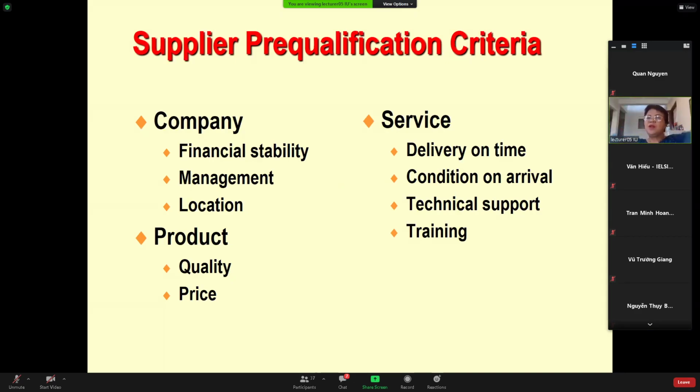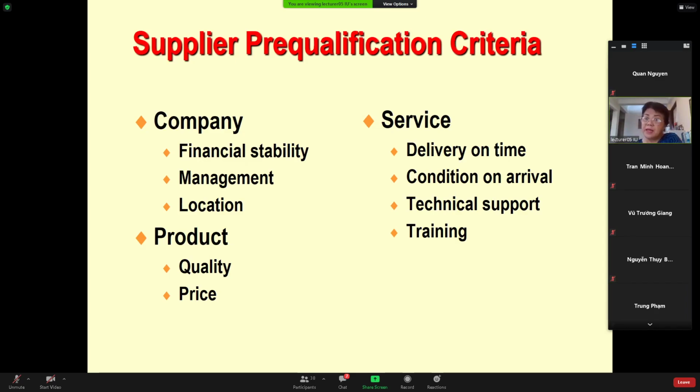The supplier pre-qualification criteria that we are going around and around. What is the qualification of a supplier? In order to do it, you have to do the screening. And I repeat it again, some of the pre-qualification supplier criteria that we might want to look at before we send the RFP to them.